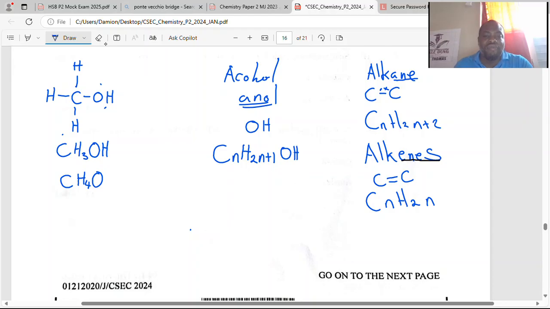So for the general formula, we don't take into consideration this H in the functional group.